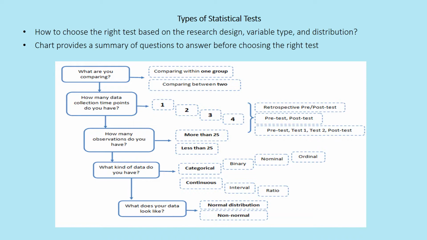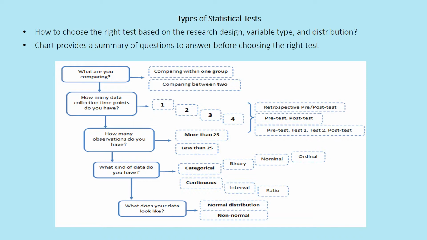But we have to know a few things before we decide on statistical test selection. One, are we doing comparisons? Is it just one sample, comparing people within that group? Or do we have two separate sampling options, group 1 and group 2, so we're comparing two separate groups.